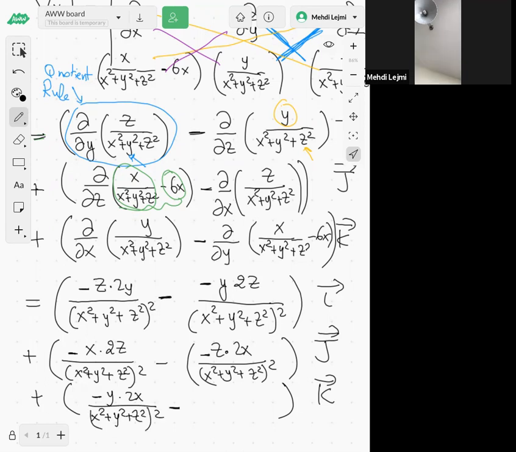Then for the derivative with respect to y, it's minus x times 2y over the square, again, of the denominator. And the derivative of 6x with respect to y, of course, x is assumed to be constant, so that will be just 0.